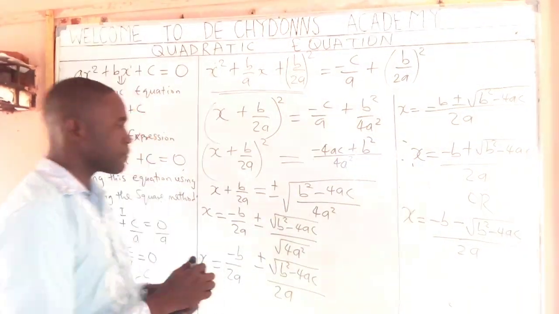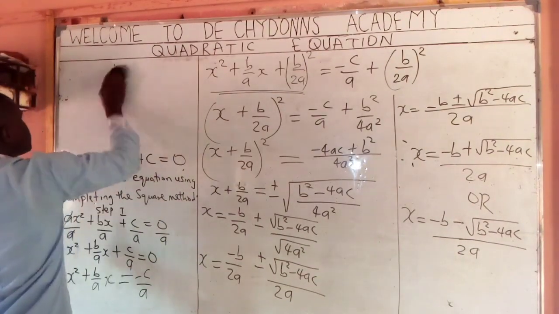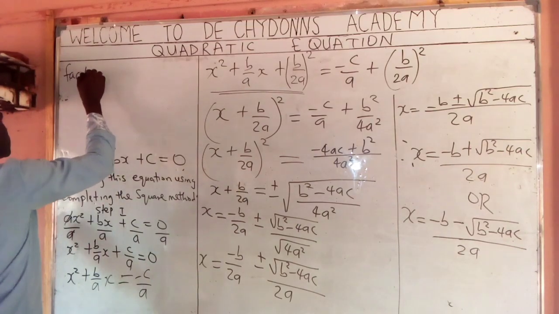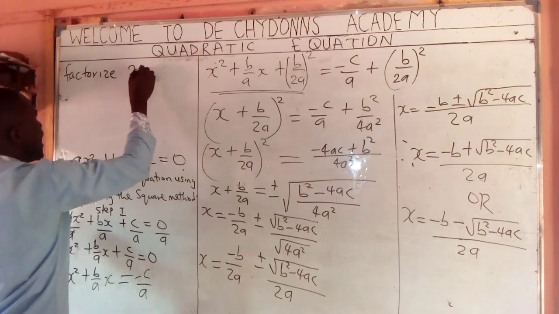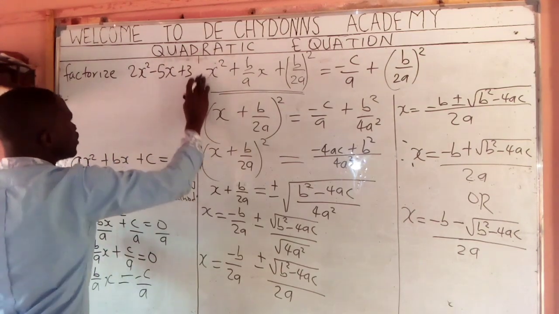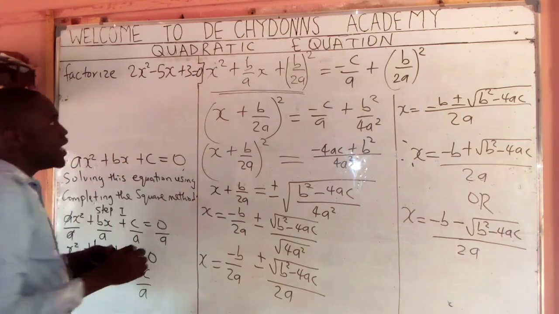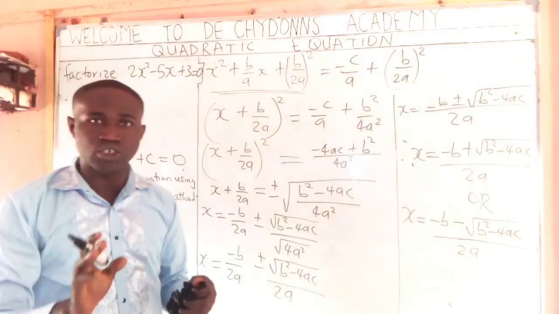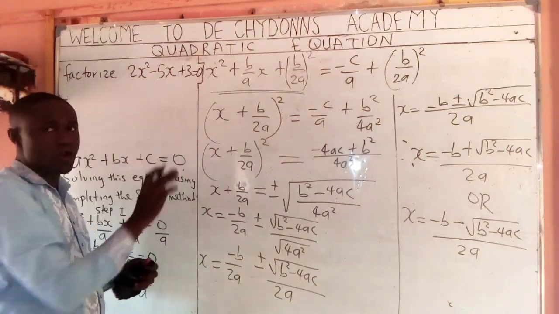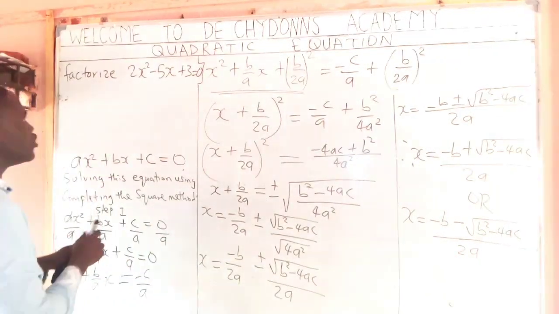See what we mean? Take for instance, they say factorize 2x squared minus 5x plus 3 equals 0. Please, that must be a quadratic equation equal to 0 before you can use the quadratic formula. If there is no equals to 0, please don't use the quadratic formula. Okay? So, see what you do.